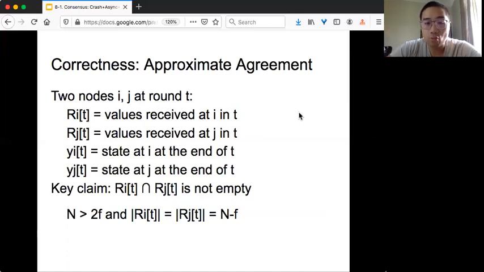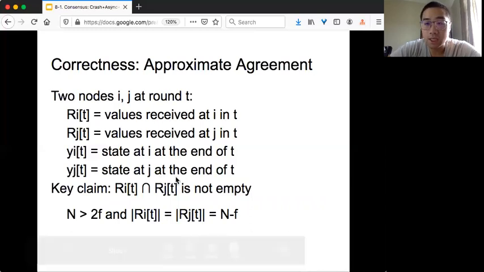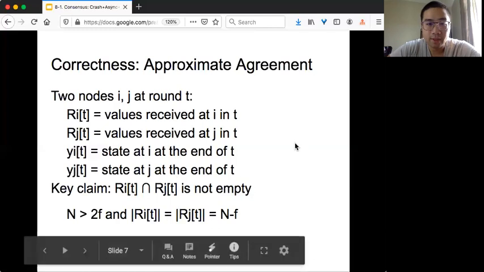The key claim we want to prove is that the intersection of R_i^t and R_j^t is non-empty. The two observations we want to use are that n is strictly greater than 2f, and the sizes of R_i^t and R_j^t are exactly n-f.